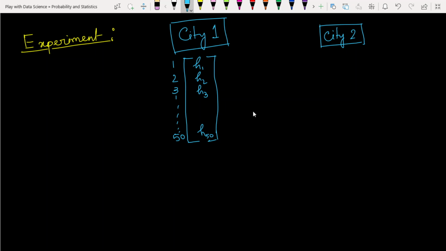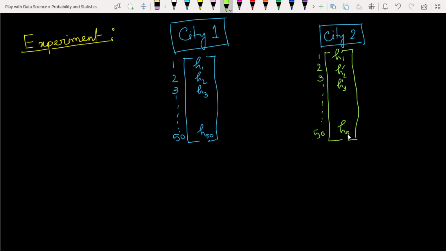Suppose we do the same for city 2: we pick 50 random people from city 2, and let their heights be h1 dash, h2 dash, h3 dash, up to h50 dash.